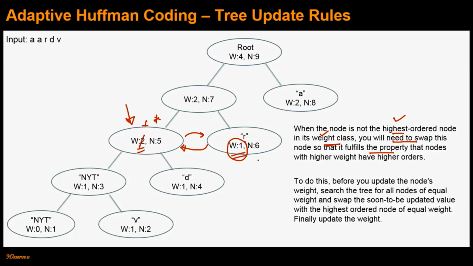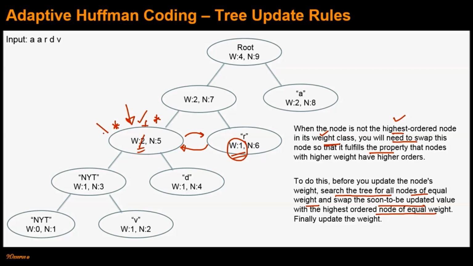So how do we decide as to which node we need to swap the original node with? To do that, before we update the weight, we search the tree for all nodes of equal weight and swap the soon to be updated value with the highest ordered node of equal weight.